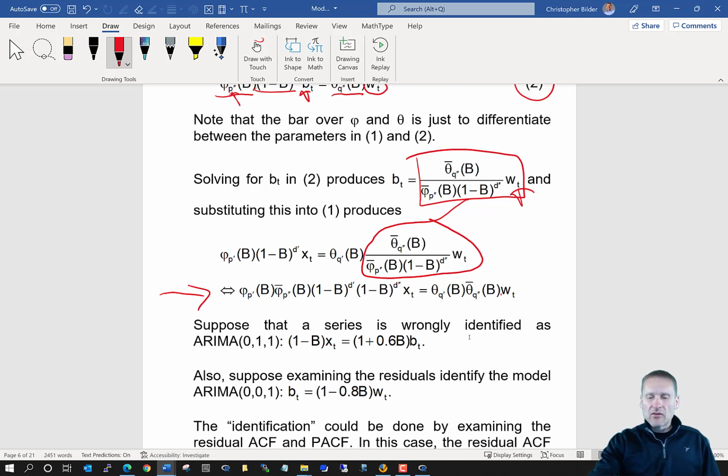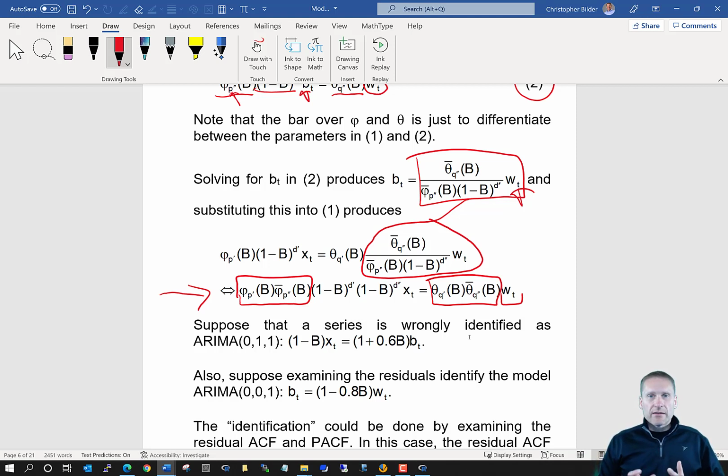Now our model does have W sub t in it, and one could actually multiply out these two moving average components, or operators, to get one overall AR operator and one overall MA operator, and then that's your model.